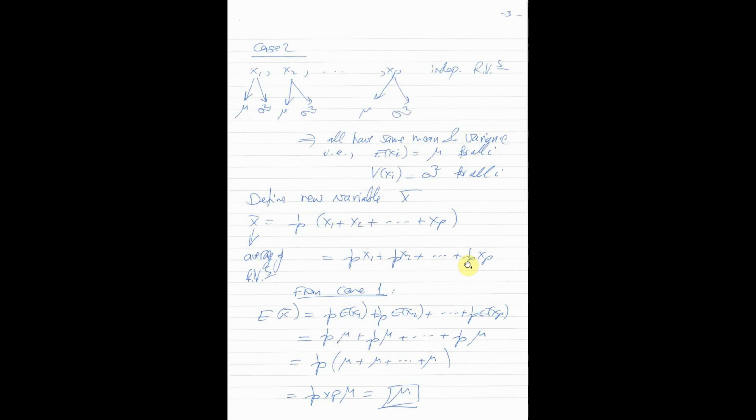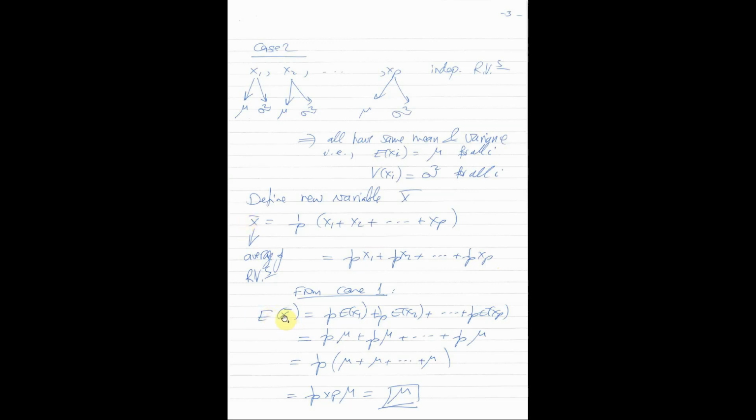So what you see here is exactly the same as case 1, but we notice that each one of the constants, c1 and c2 until cp, are all the same, and each one of them is equal to 1 over p. Okay, so for this expression, which is simply a weighted sum, what's the expectation? So what's the expected value of x bar? We just apply the previous result.